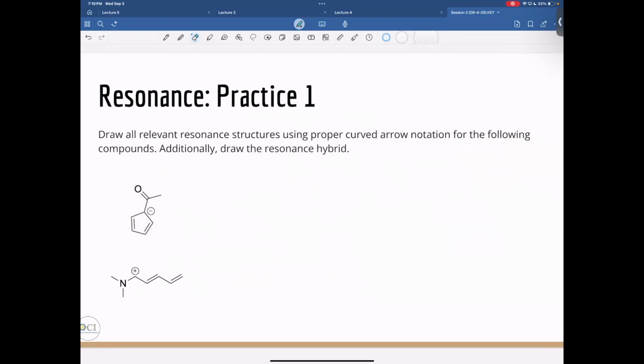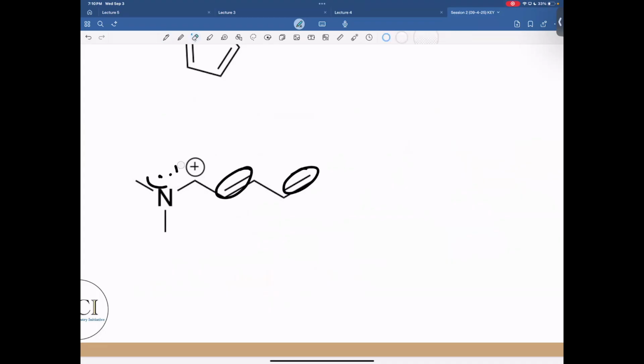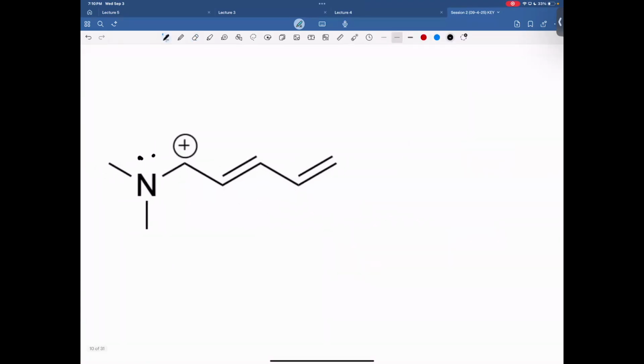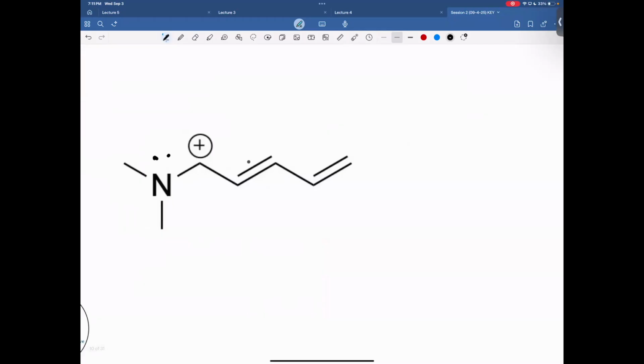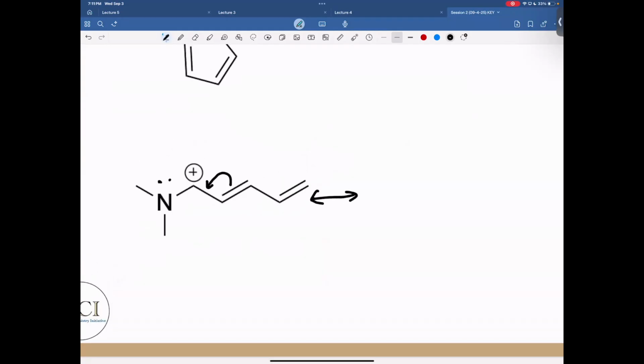All right. Let's try this. So, like I always said with resonance, you got to start from a source of electrons. And our source of electrons currently are these pi bonds and this lone pair on the nitrogen. So we can start from either one, this pi bond or the nitrogen lone pair. So what we can do here is an allylic cation, where we take this pi bond, bring it here, and that's it. And you're going to make a new structure here.